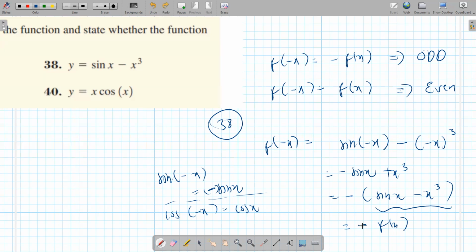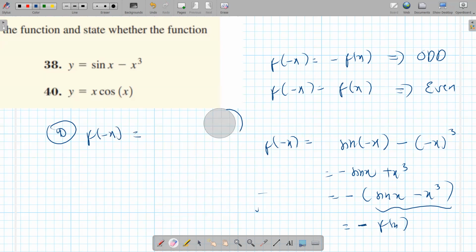Oh, okay. 40 is probably even. Let's try that. Actually, 40 is neither. I'll show you why. What would f of negative x be for 40? That would just be cos of negative x times negative x. Cos of negative x is just cos x, but negative x is just negative x.